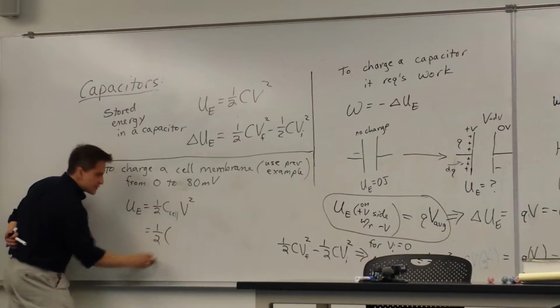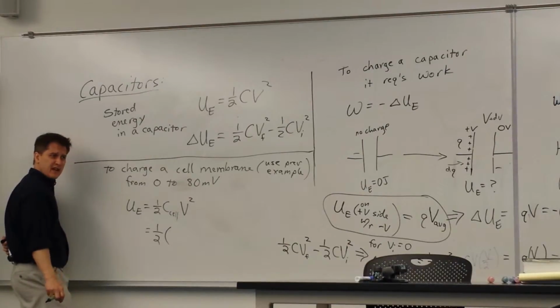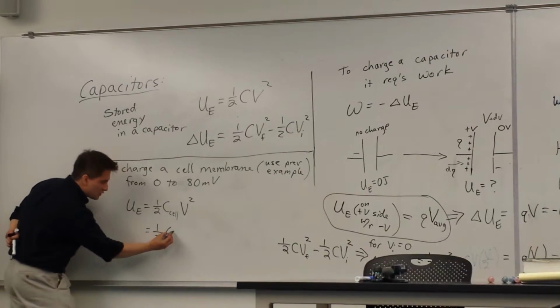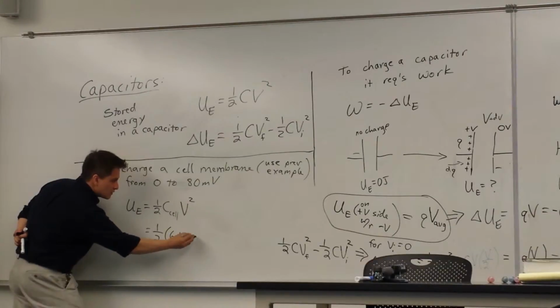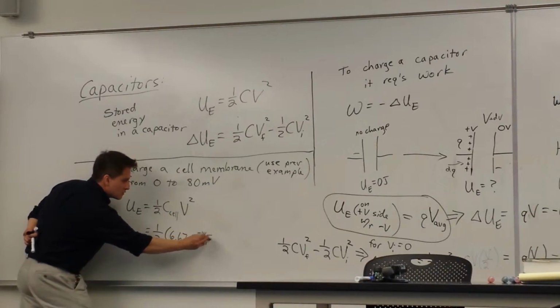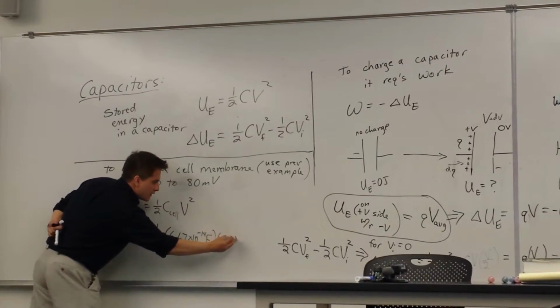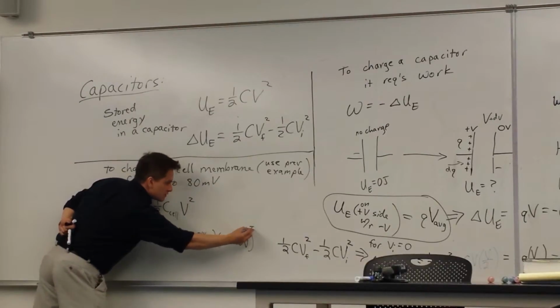or 1/2 times, we said it was like 6.67 times 10 to the negative 14, a ridiculously small number, times 0.08 volts squared.